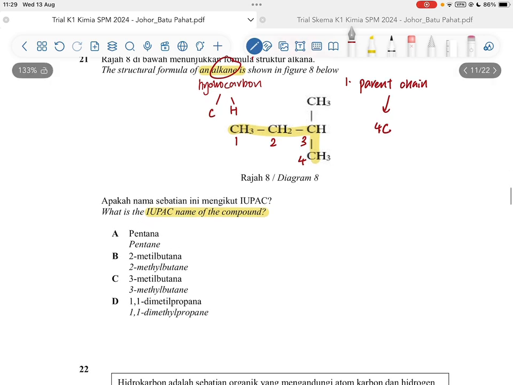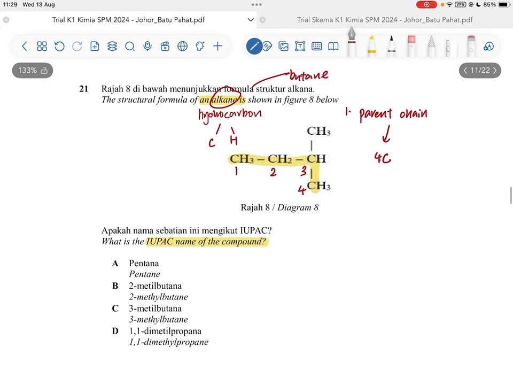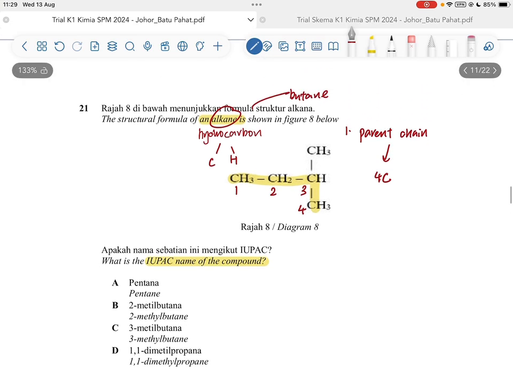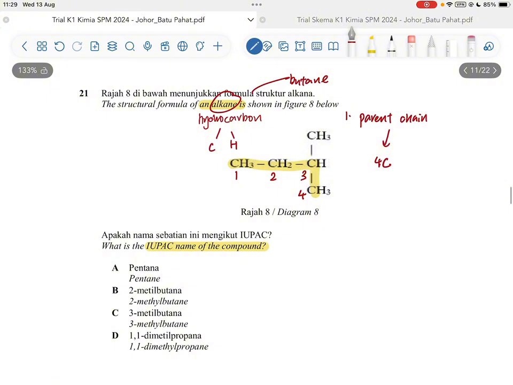Sorry, we can use the deletion method to cancel some of the options that are not possible.